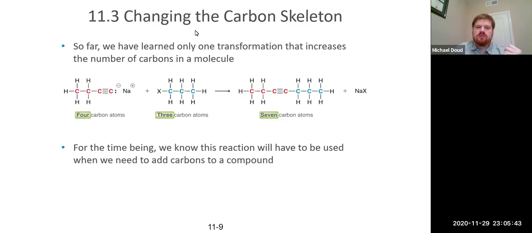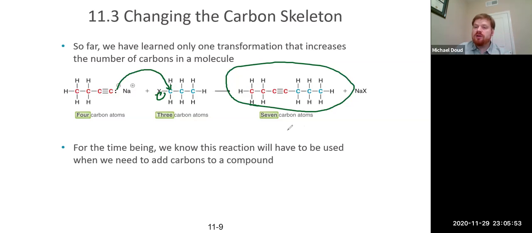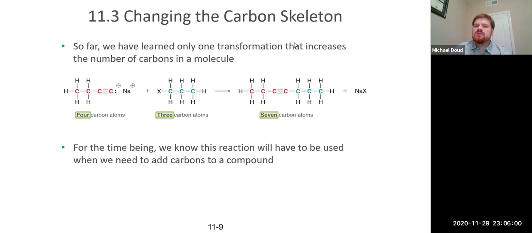So SN2, no trick here. Got our nucleophilic attack, loss of a leaving group, and that gives us our new primary chain here with 7 carbon atoms. So we went from 4, we added 3, now we have 7 carbon atoms. That's going to be an easy way to figure out what reaction you need to do moving forward.